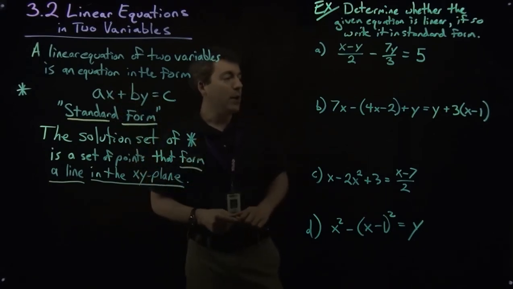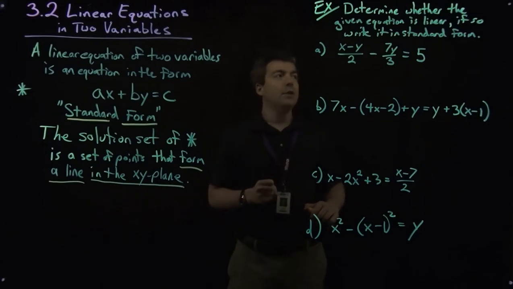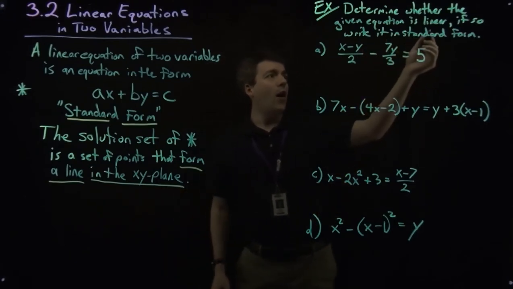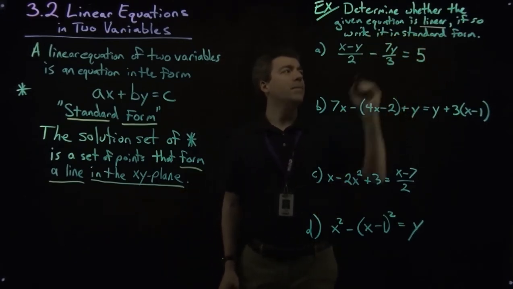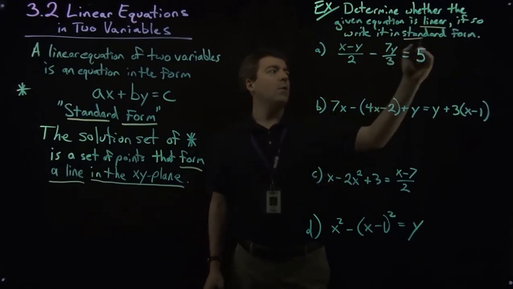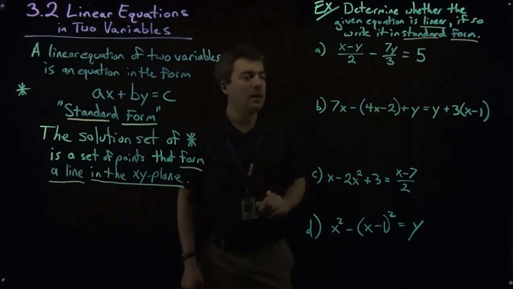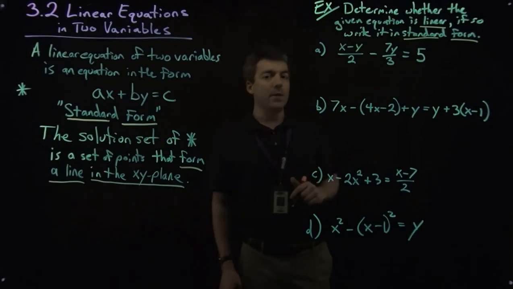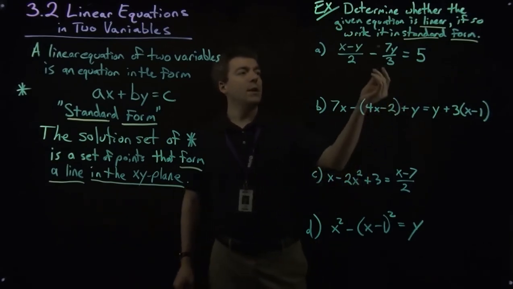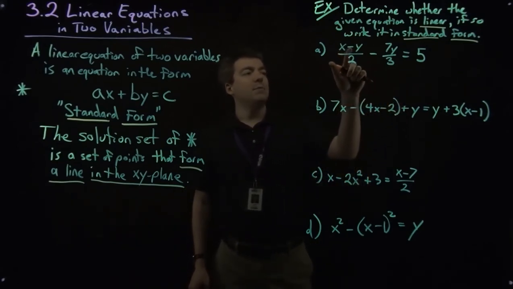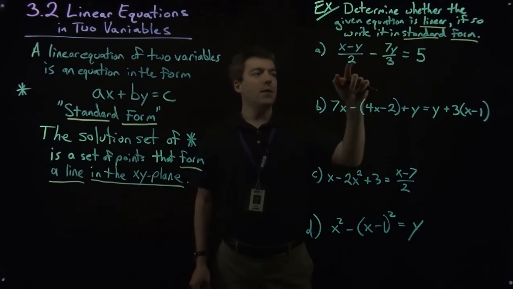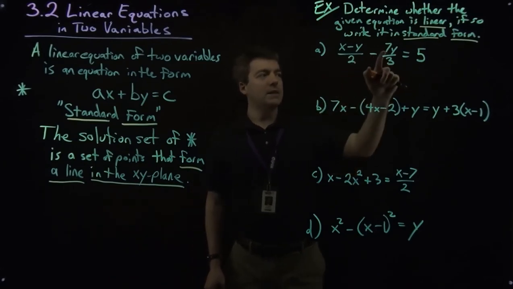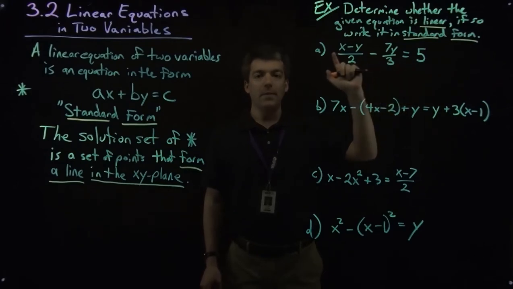Here we have some equations, and let's identify which ones are linear, and if they are, we'll write them in standard form. So let's start with the first one. Here we have x minus y, all divided by 2, minus 7 times y, divided by 3 equals 5.